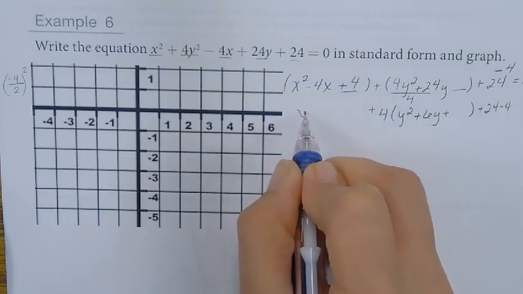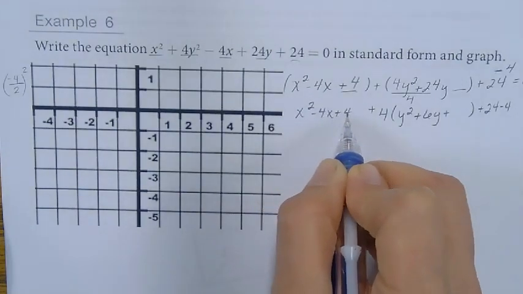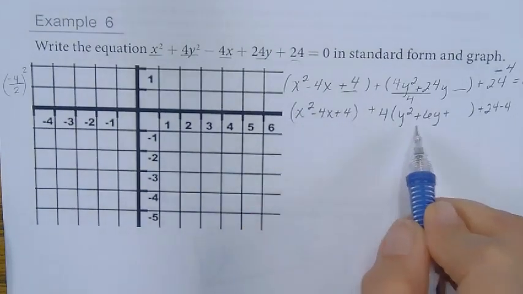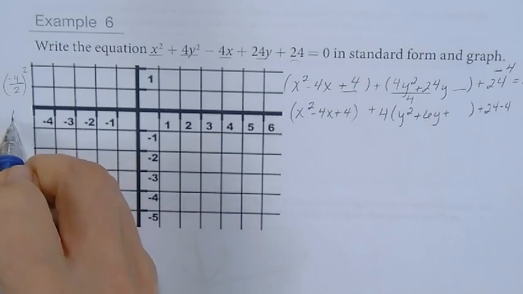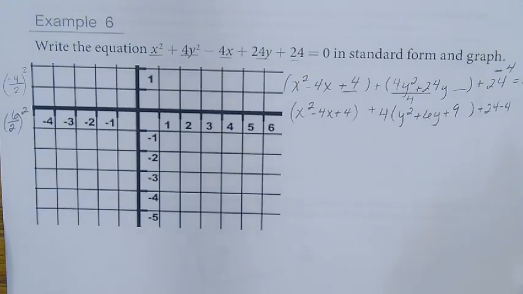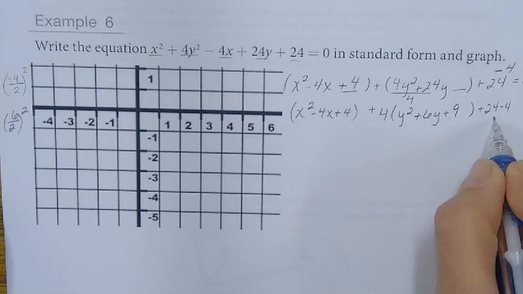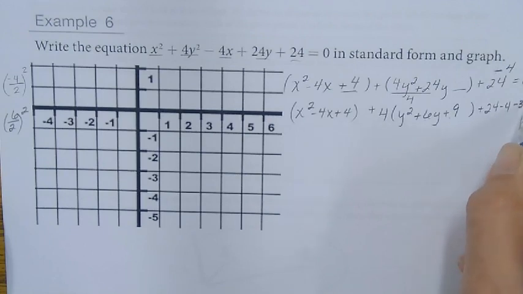I'll just rewrite it a little bit. So I'm going to do 6 divided by 2 is 3, and squared it would be 9. So I'm going to add a 9, but I'm really adding 36. So I also need to subtract 36.